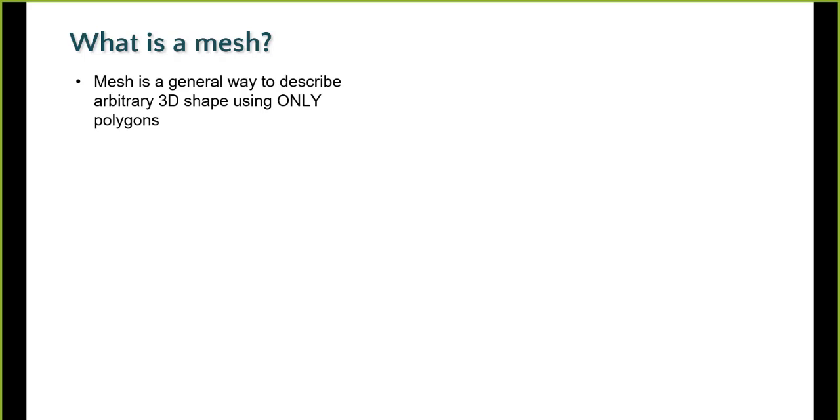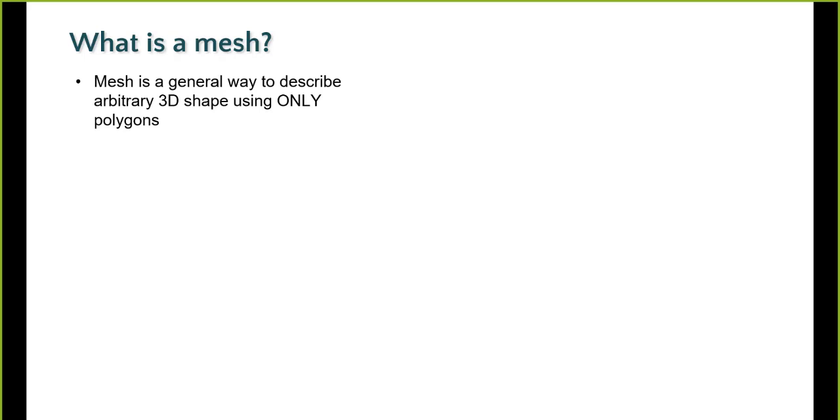used to describe shapes, right? But they can do that with just polygons. So where a surface would be one geometric entity, a mesh is made up of a bunch of individual polygon shapes that combine into some larger form.